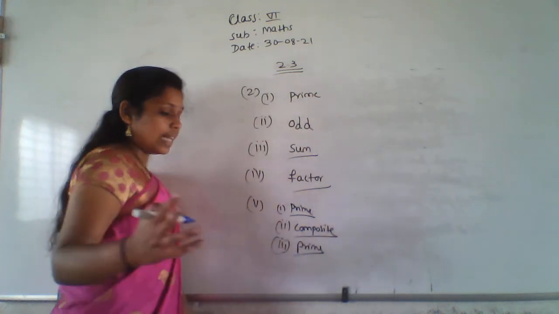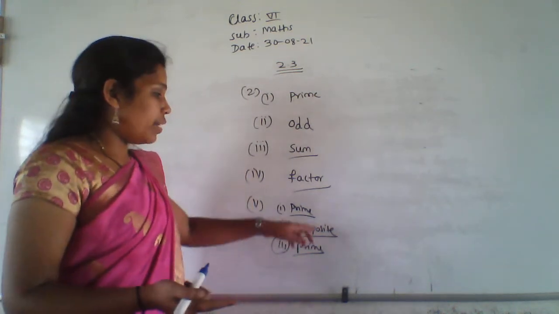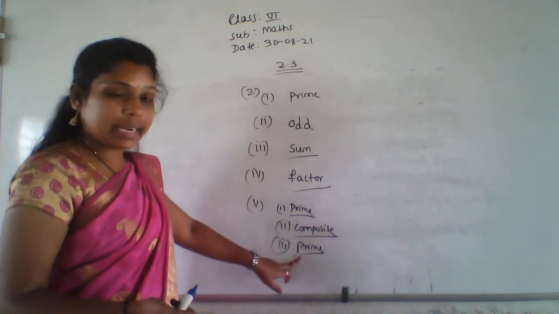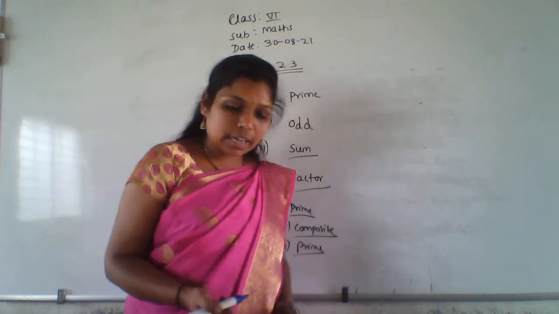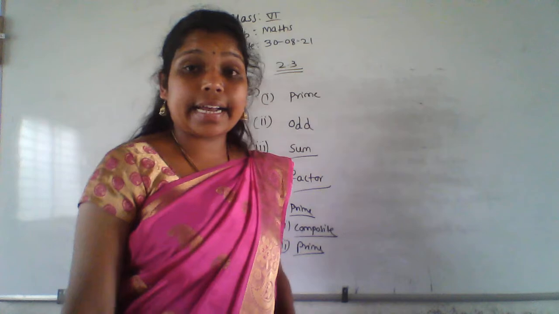We have to fill three answers for the fifth one. First one is prime, second one is composite, and again prime. That is the answer. So we finished the second main also.